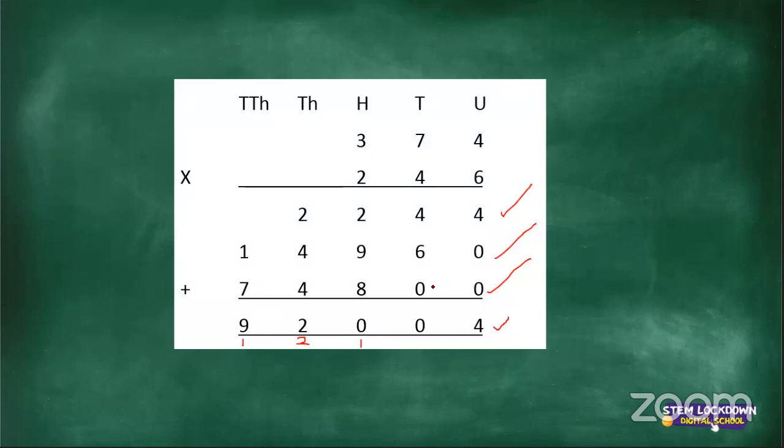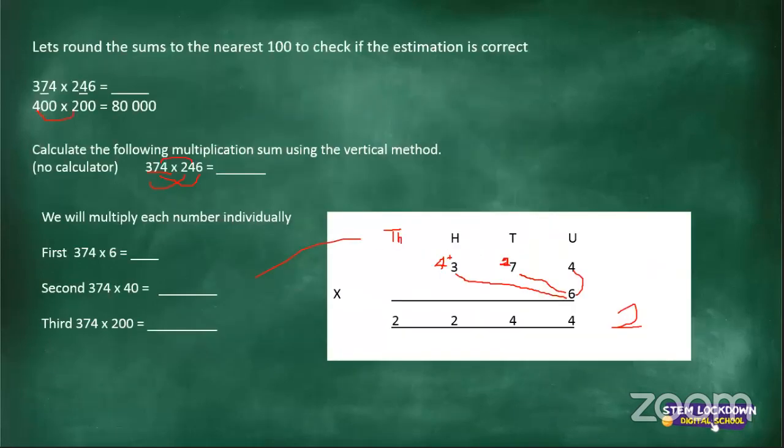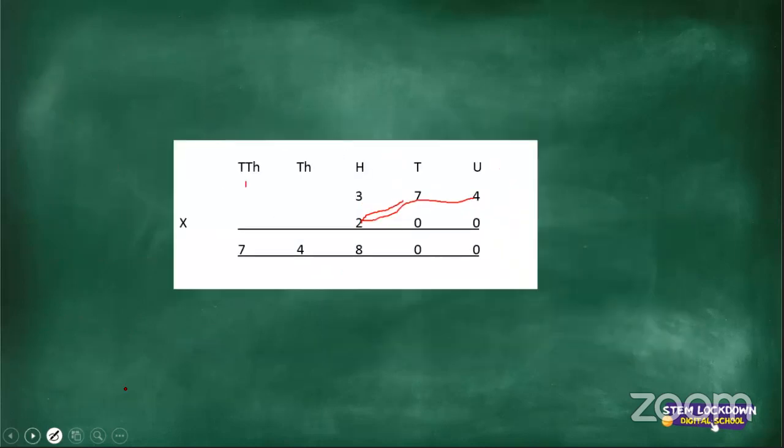So if you have difficulty doing this, what I suggest you do first is do it separately, like how I did it here. First you do this multiplication, the units, then multiply the tens, then multiply the sixes, the hundreds, and put it all next to each other.